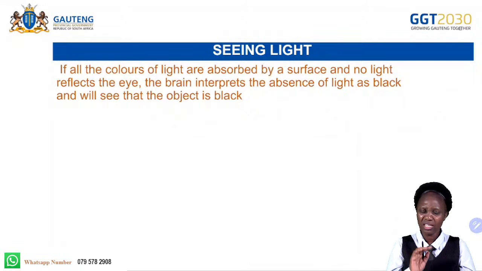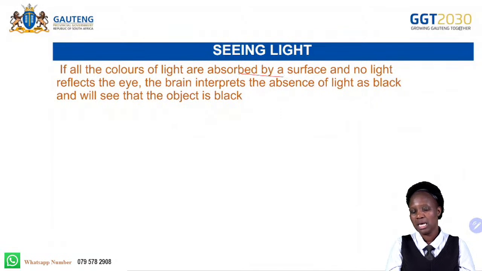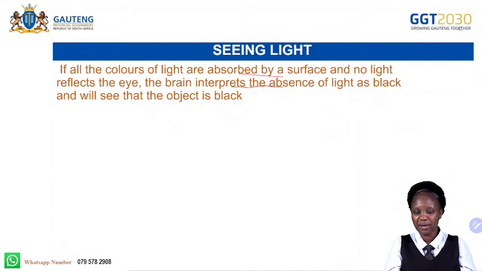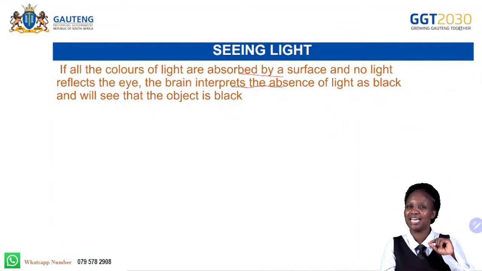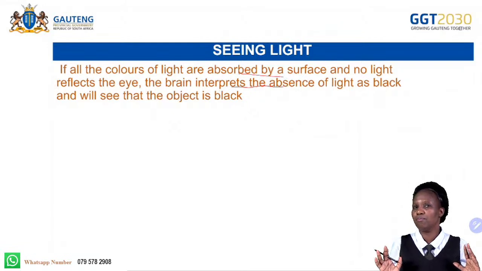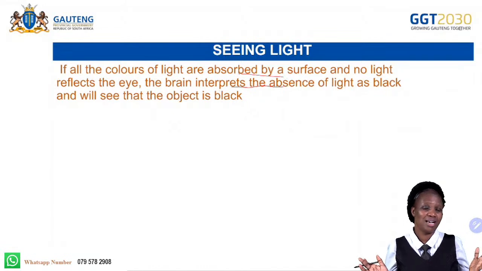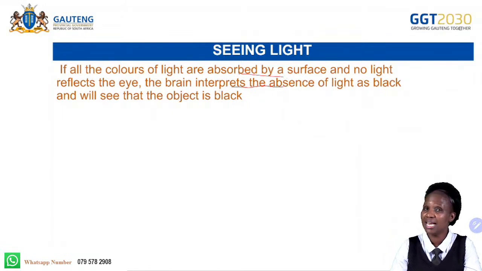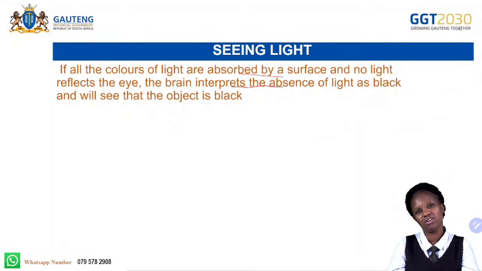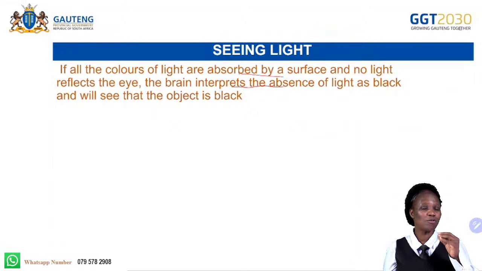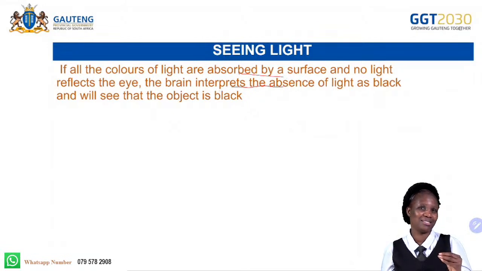If all the colors of the light are absorbed by a surface and no light reflects to the eye, the brain interprets the absence of light as black. Because no light is entering our eyes, the brain will interpret it as black, and you will see the object as black. That's why when you look around in our classroom, you can see different colors, because of the light that is entering our eyes.